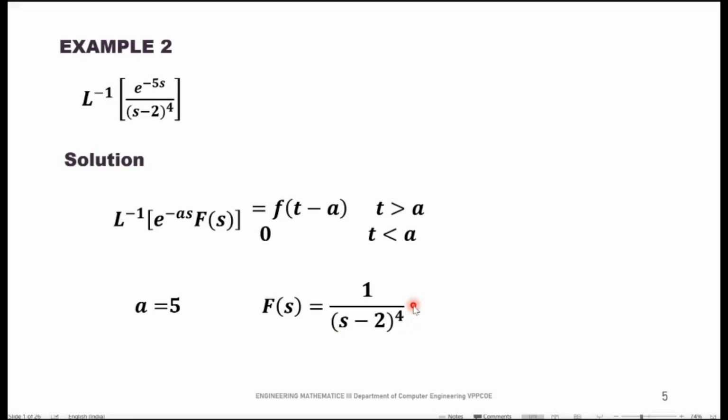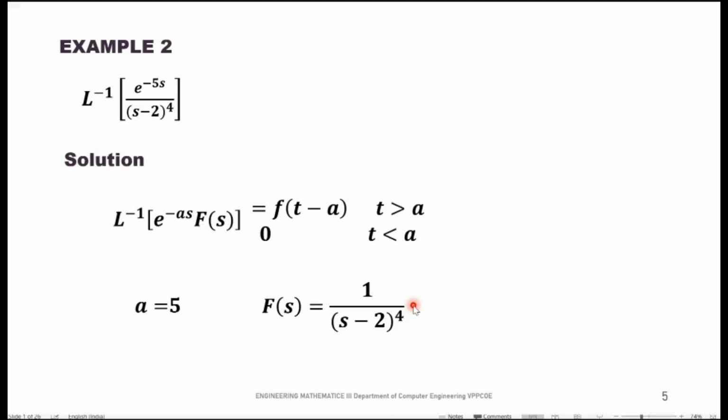How to find the inverse of 1 upon s minus 2 whole raised to 4? Anybody? Okay. Now here in this case, s is replaced by s minus 2, which means that e raised to 2t will come out.